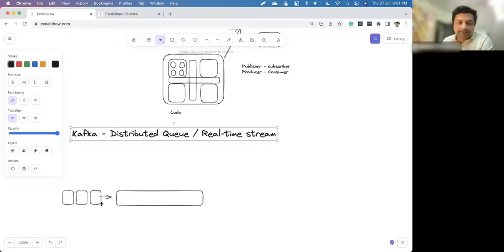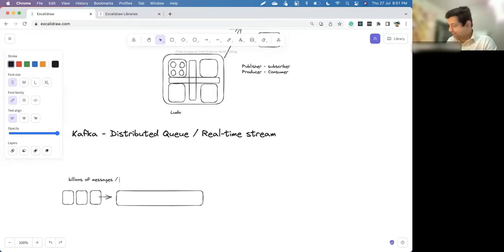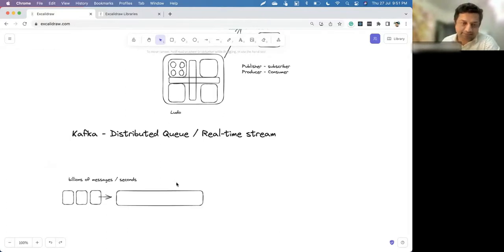And this is for when you have to process billions of messages, for example, Amazon orders. Amazon is used all across the world, so you have millions of orders getting placed every second.